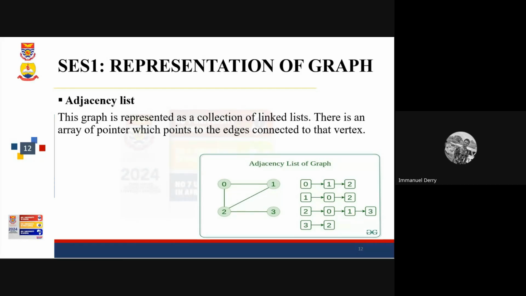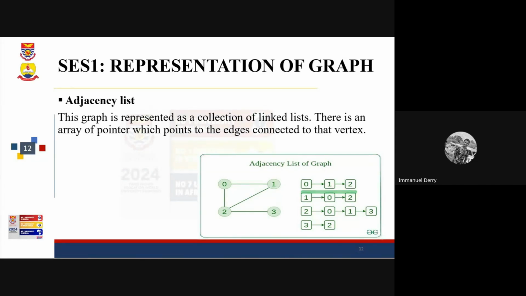All right, so for the adjacency list, the graph is represented as a collection of linked lists, and there's an arrow pointer which points to the edges connected to that vertex. So this is how I represent them.